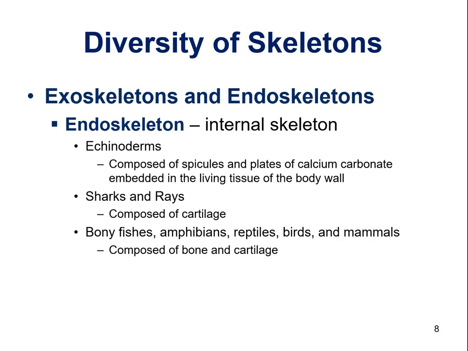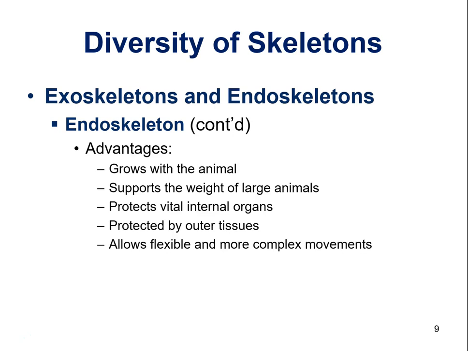It's different from a vertebrate skeleton. Sharks and rays, the cartilaginous fishes we talked about, have skeletons composed of cartilage. Bony fish, amphibians, reptiles, birds, and mammals all have skeletons composed of both bone and cartilage, mostly bone.